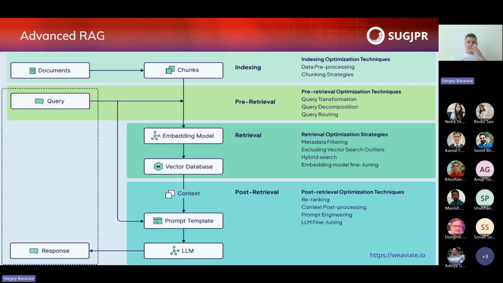And sometimes the result after fine-tuning can be worse than before fine-tuning. So I highly recommend you not to use it. For example, with prompt engineering, you can achieve much better results.